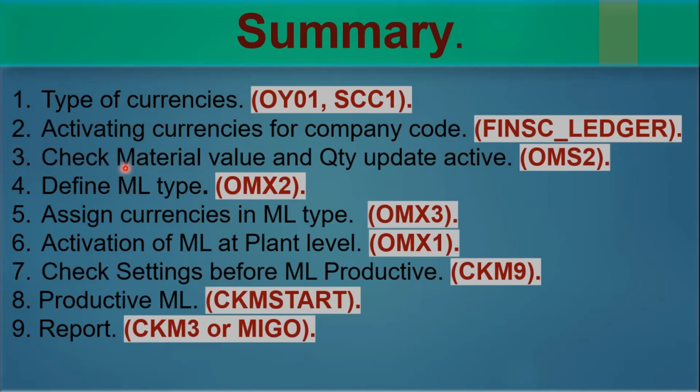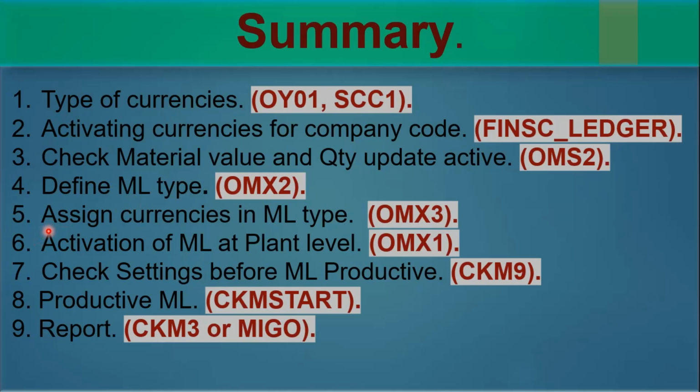Then what we did, we checked material value and quantity update activation in OMS2. So we check here whether, for a particular material type, both ticks are activated or not. Then we started with the actual material ledger. First we defined the material ledger type for which currencies we wanted to activate material ledger, and we created the material ledger type.